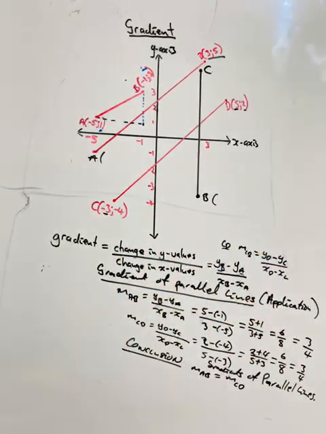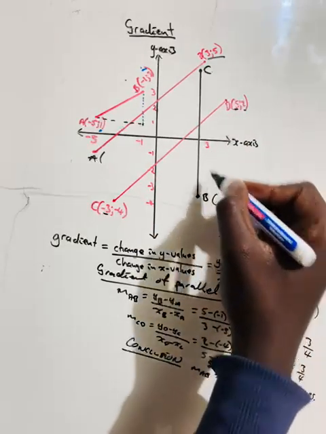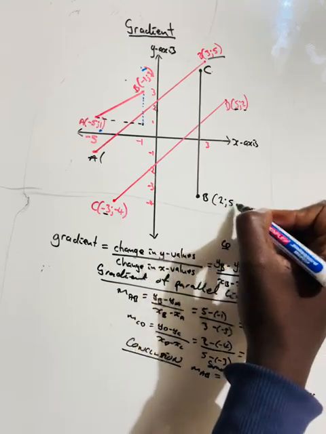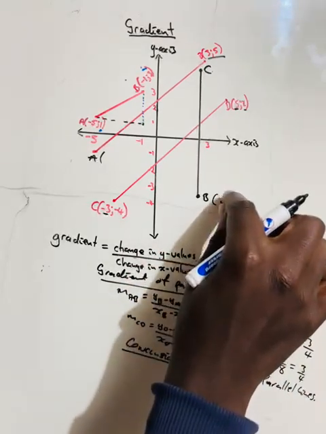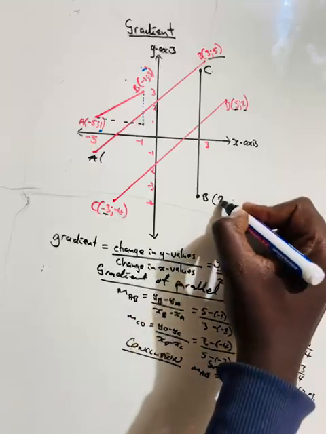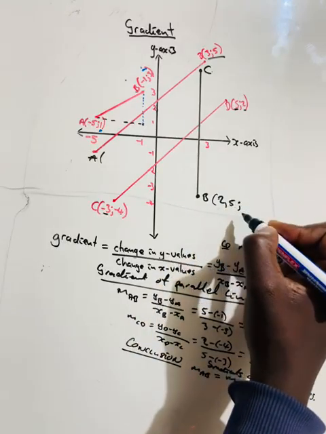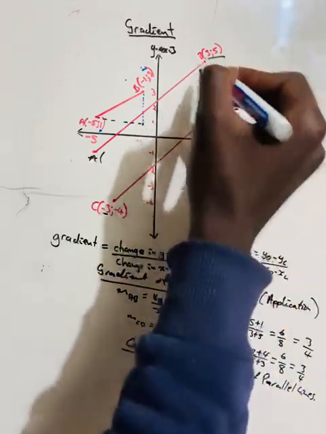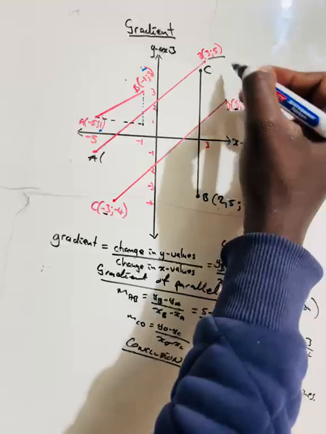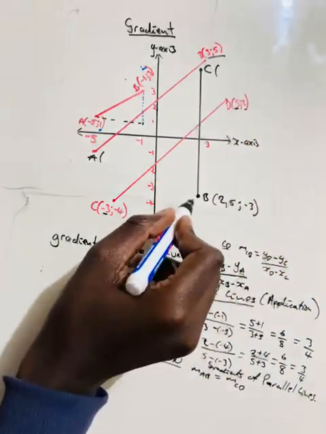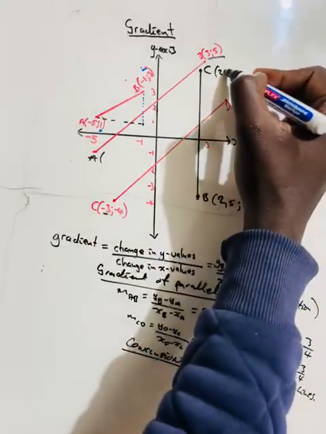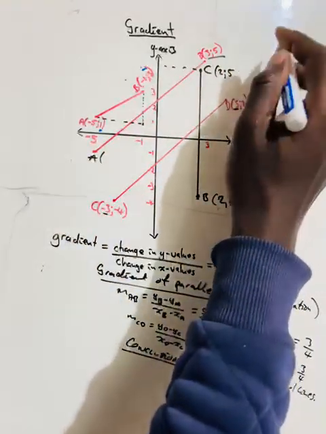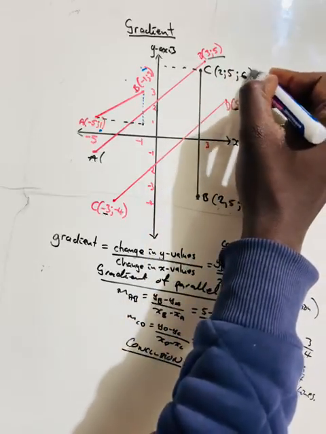Yes, we say that we have got 2,5 as our x at point B, right? 2,5. Let me write it properly. 2,5, and my y at point B is -3. Then I go to point C. Let's say here my x is equal to, it's still 2,5. But my y here, let me say it's 6. My y is 6 there.